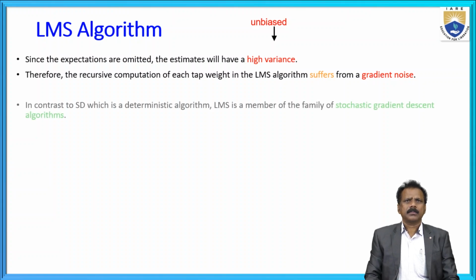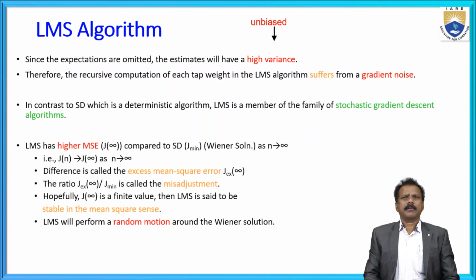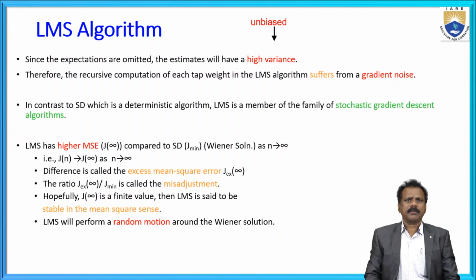Okay, so in contrast to SD, which is a deterministic algorithm, LMS is a member of the family of stochastic gradient descent algorithms. So LMS has a higher MSE, like here J of infinity, compared to the SD of J minimum, or if it is a Wiener solution, as n tends to infinity.